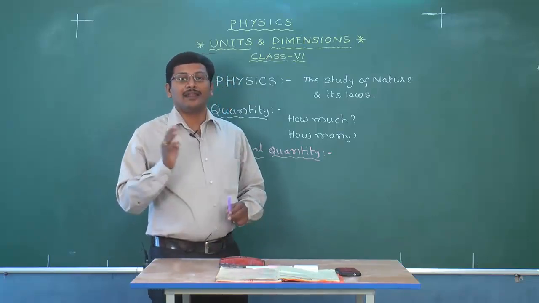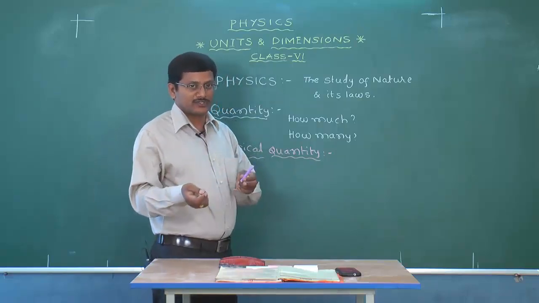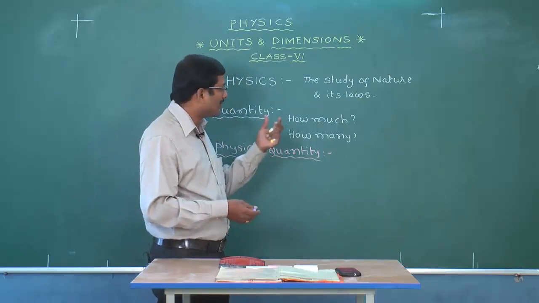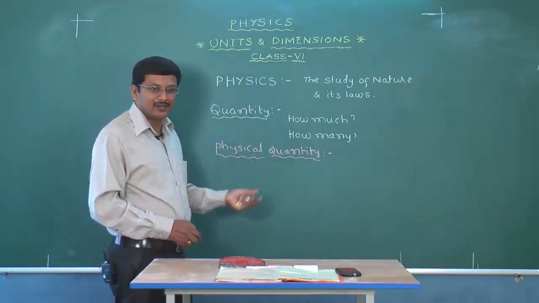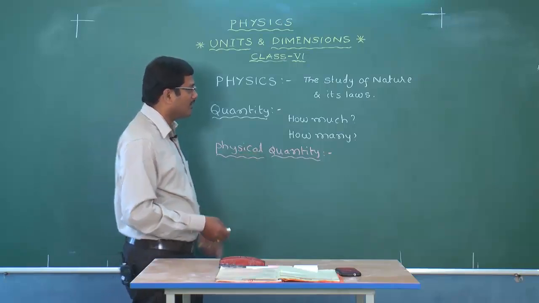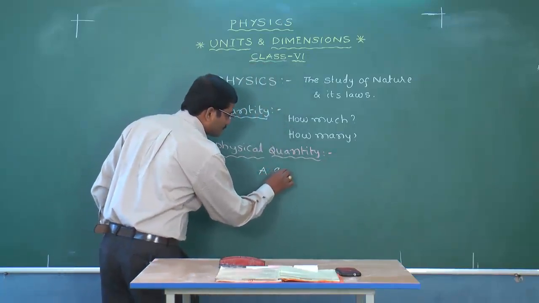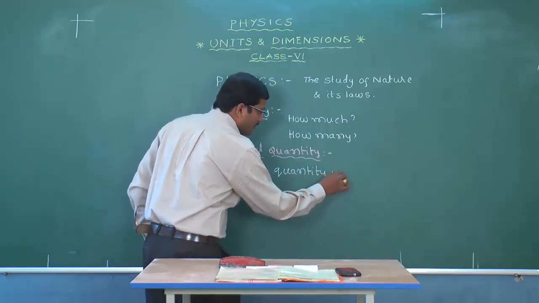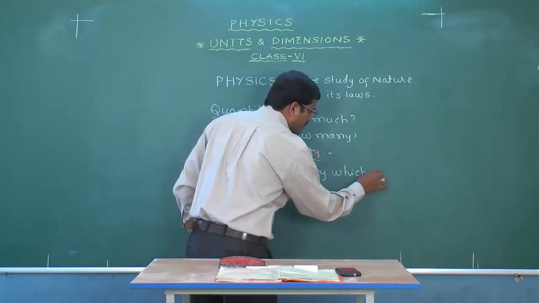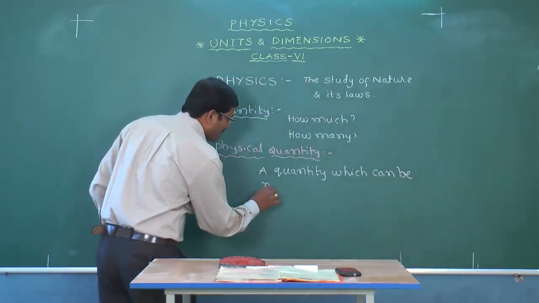Like that, length, mass, volume, density, force, work, energy, these are all measurable quantities. So all those quantities come under physical quantity. Let me write the definition on the board. A quantity which can be measured.